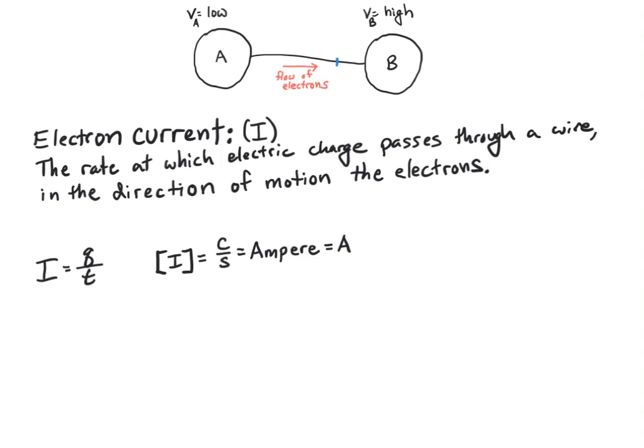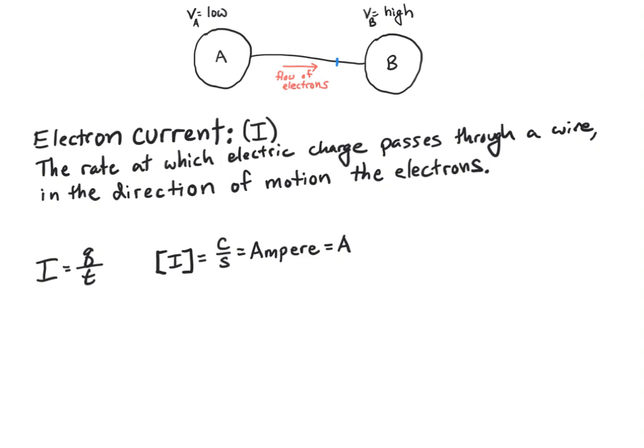We know now that it's the electrons in most conventional circuits that are actually mobile, that are actually doing the moving. And so because he set everything up where it was the positive charges moving, once we discovered that it's actually the negative charges moving, everything kind of got flipped on its head.